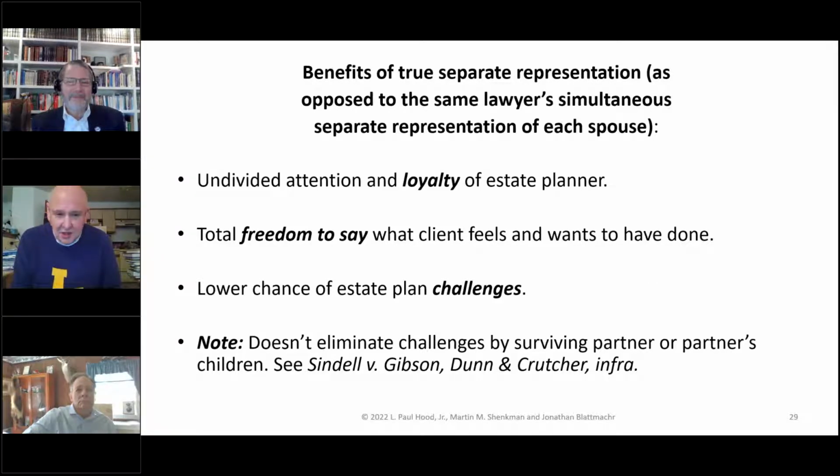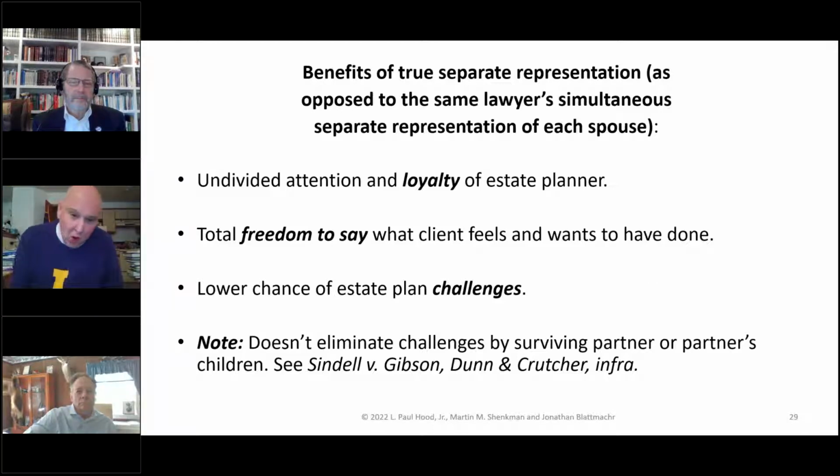In separate representation, a client can freely speak to their lawyer and not worry about the ramifications of being within earshot of their spouse who may vehemently disagree with them. And I think we've all sat through client-spouse meetings where one spouse does all the talking or makes all the decisions. And that used to greatly concern me.